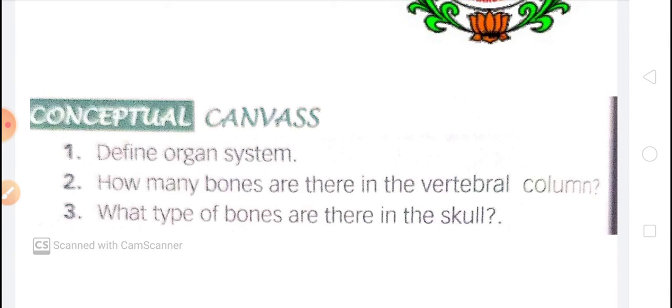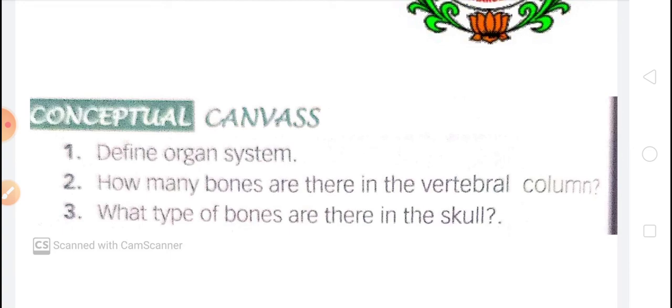Okay, now I am going to tell you the answer. The group of organs that work together to perform a particular function is called an organ system. For example, the digestive system is one organ system in which different parts are present, like the mouth, buccal cavity, esophagus, stomach, small intestine, large intestine, rectum and anus.